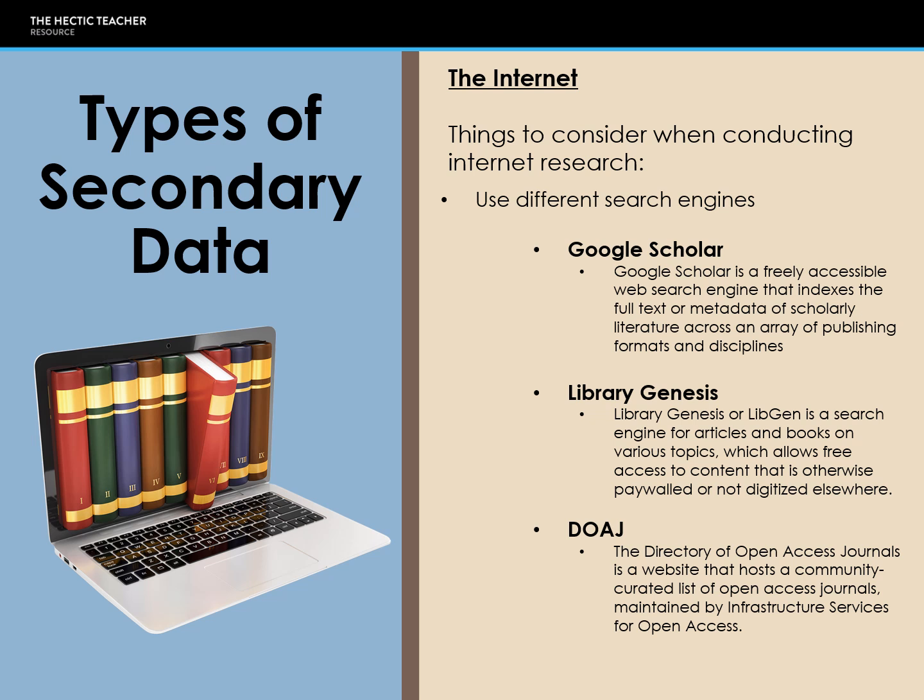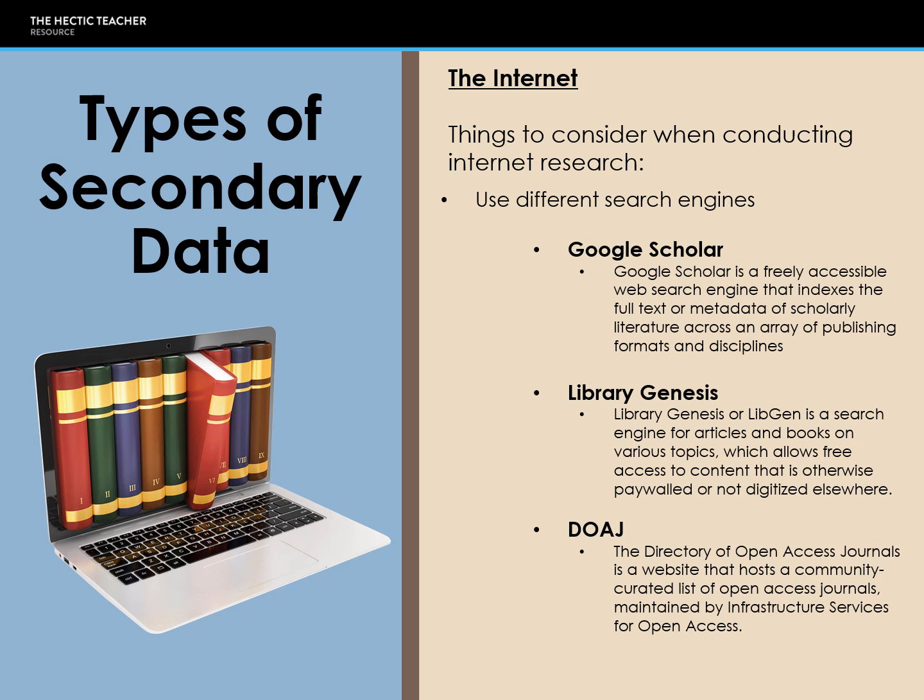And think about using other search engines as well. Google, Bing, they're the most common ones that are around these days, but Google Scholar is a great website for academic journals or academic texts. It's freely accessible, it indexes and has all the metadata, so publishing dates, authors, publishing institutions on academic research.